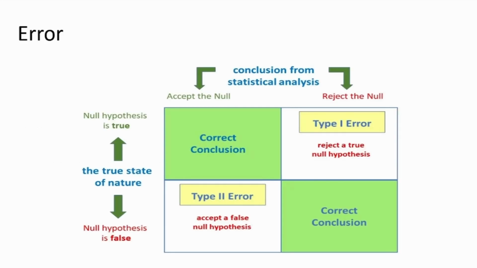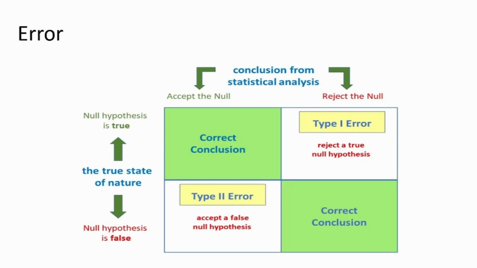Coming back to statistics, this is how we understand error. Okay? So, in reality, if the null hypothesis is true and you accept it, then there is no error. On the other hand, if the null hypothesis is false and you reject it, there is no error.